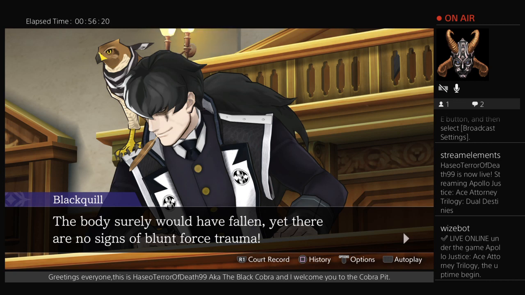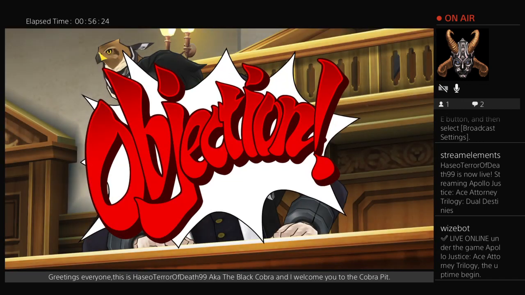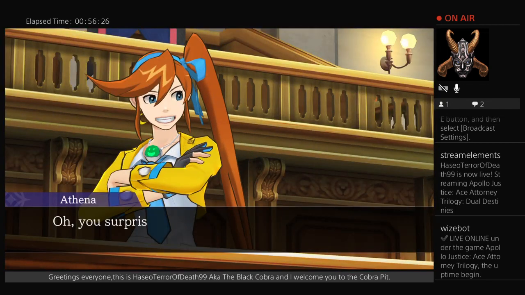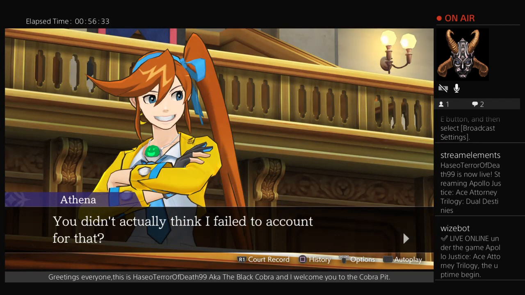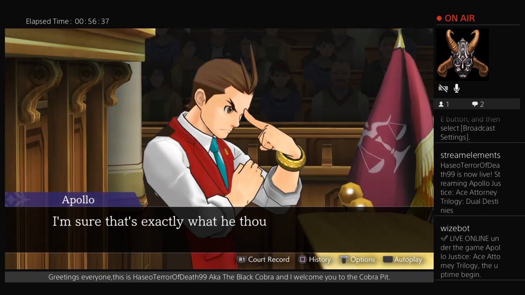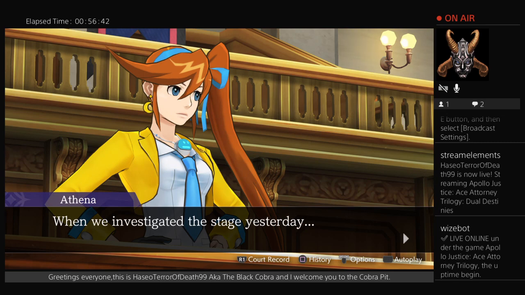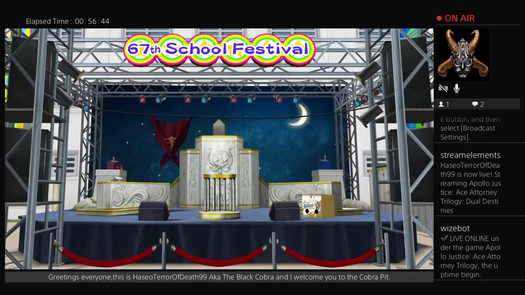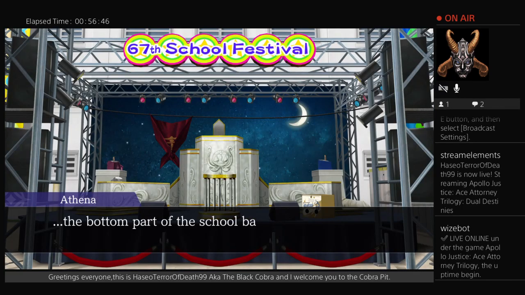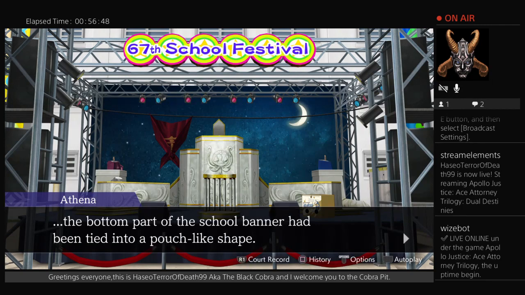There was no blunt force trauma because the victim was already dead! Objection! Objection, Your Honor. Oh, you surprised me, Prosecutor Blackwell. You didn't actually think I failed to account for that, did you? When we investigated the stage yesterday, the bottom part of the school banner had been tied in a pouch-like shape.